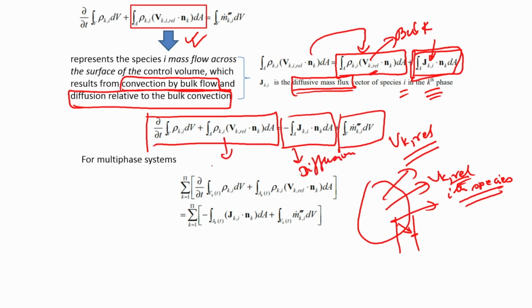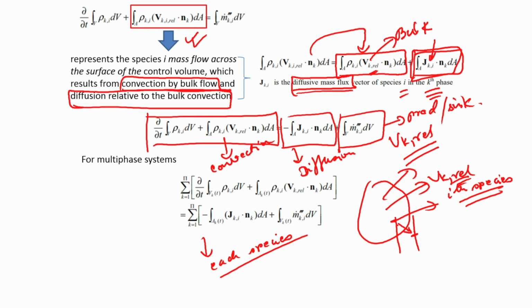This is the convection, advection, whatever you call it, and this is production or sink kind of a term. Now, for multiphase systems, this is for each species, and each species may be present in at least 2 phases.